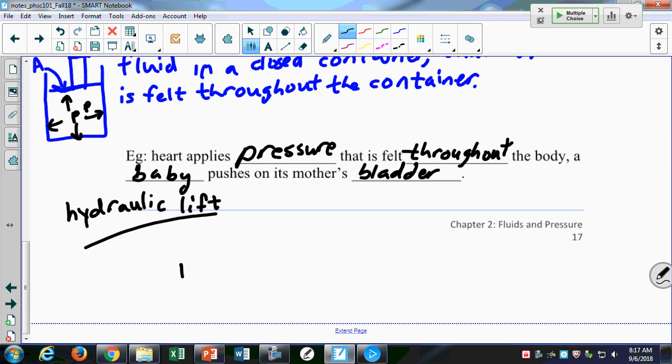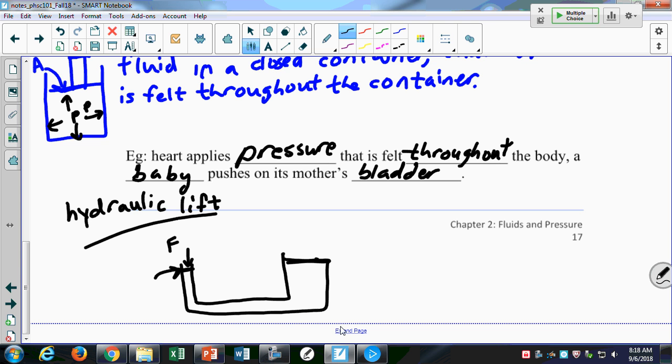You have a system that's set up like this, a closed system. You have one piston over here and another piston over here. And so you push down with a force, and you have an area. I'll call this A1, F1. And then over here, I have a different area, A2, and a different force, F2.